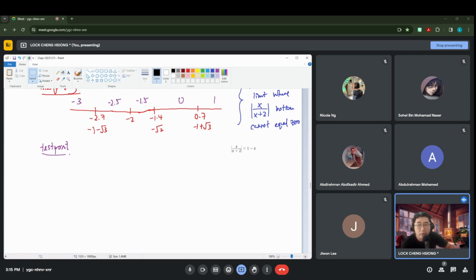So I do my checking. 1. Modulus of x over x plus 2, versus 1 minus x. So calculate with 1.